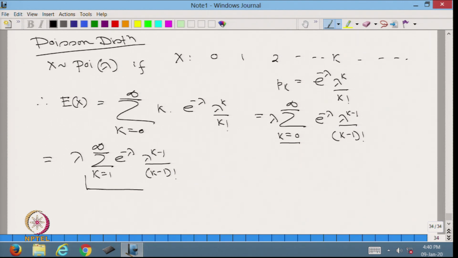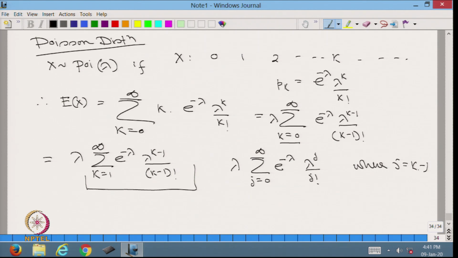And if we are observant, we can see that this is basically lambda times the summation over j = 0 to infinity of e^(−lambda) lambda^j upon j factorial, where j = k−1.